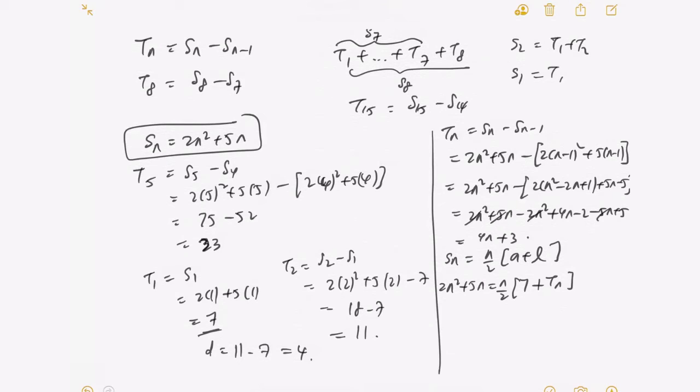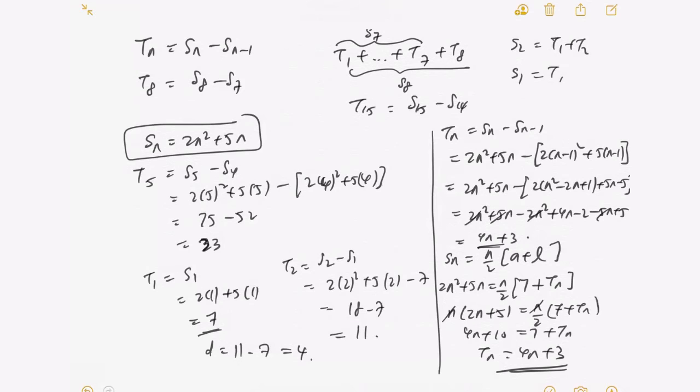See, the n we can take out. This is 2n plus 5. This is n over 2 times (7 plus Tn). So when you cross out the n, because n cannot be 0, multiply over, you get 4n plus 10 equals 7 plus Tn. Well, my Tn is also 4n plus 3. Notice it's the same thing, right? Okay, so there are many ways you can find Tn from Sn.